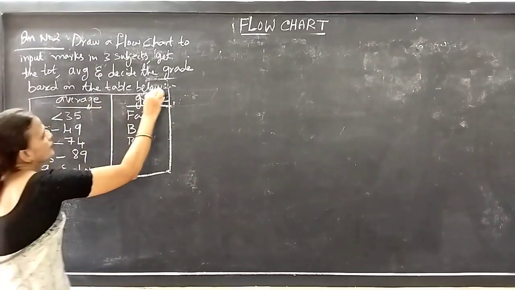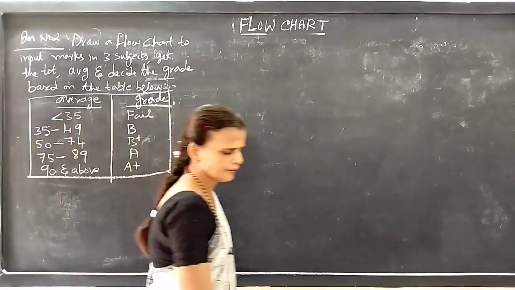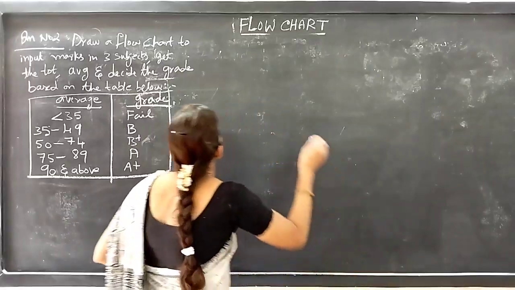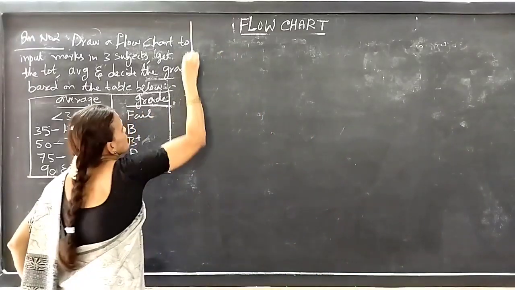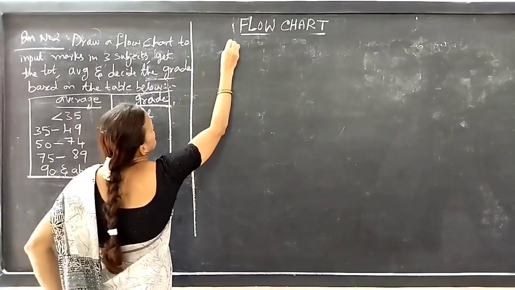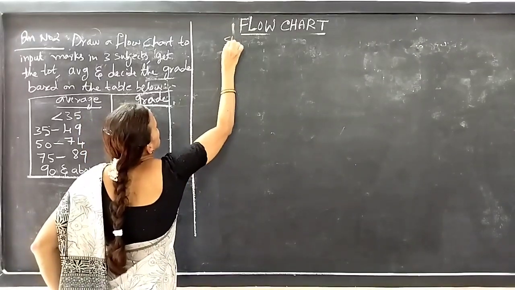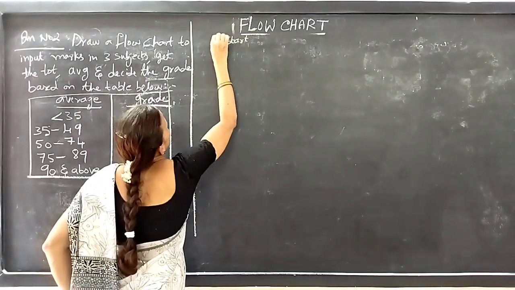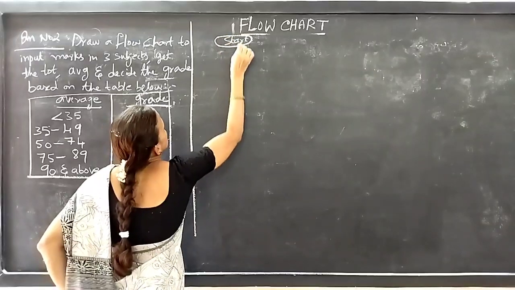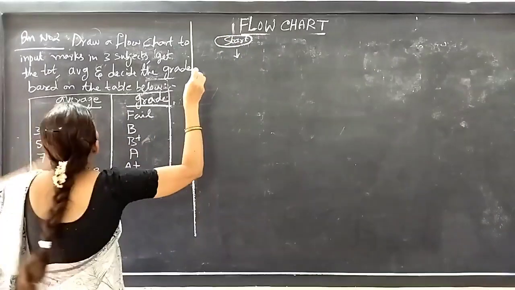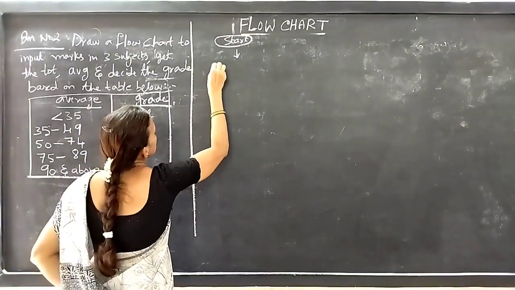Okay. Now we'll start writing the flow chart. First step is to start. Then what you have to do? Input marks in 3 subjects.